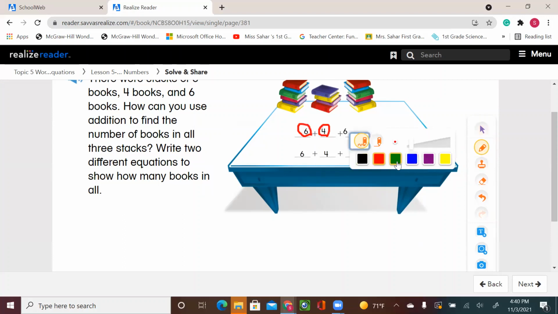Here, I'm gonna use the doubles. So I know double 6, 12, very good. So I'm taking these 2 together. So I used the double. Double 6 is 12. 12 plus 4, awesome, 16.